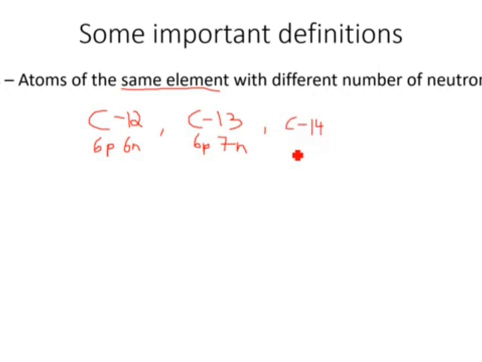Carbon 14 has 6 protons and 8 neutrons. Again the proton number is the same, so it's an atom of the same element, but it has a different number of neutrons. Carbon 12 had 6, carbon 13 had 7, and carbon 14 has 8. Hence it is also an isotope: atoms of the same element with different numbers of neutrons.